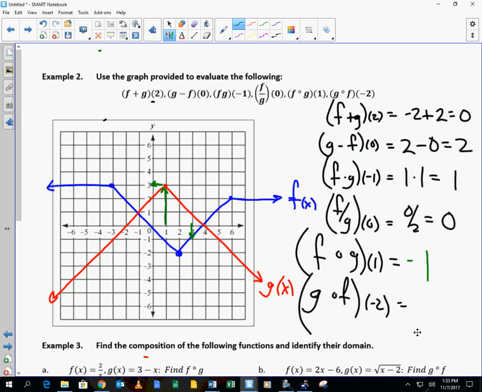So g of f of negative 2, I plug in negative 2 for f, and I get 2. So then I will take a value of 2 and evaluate it for g. And I get 2.